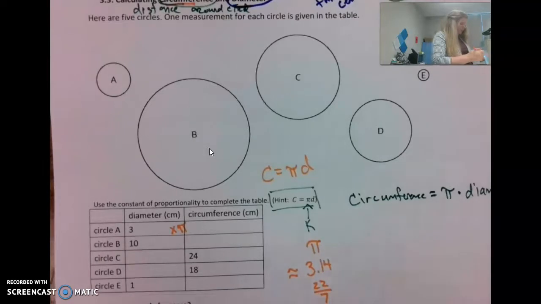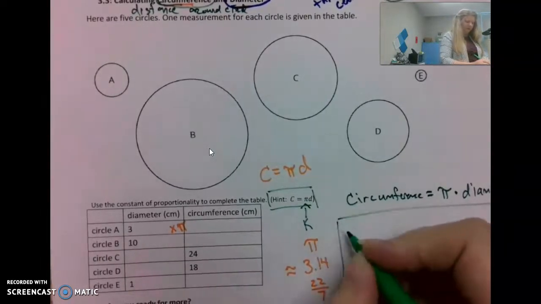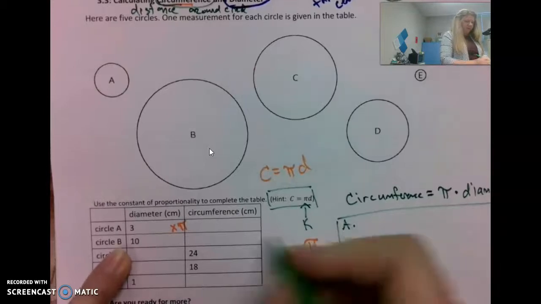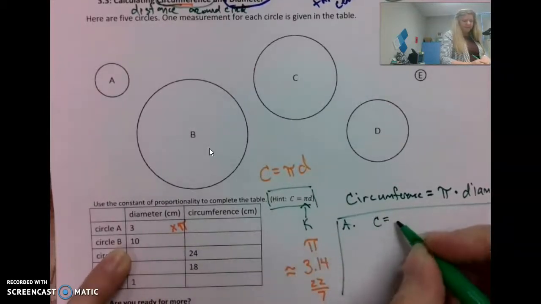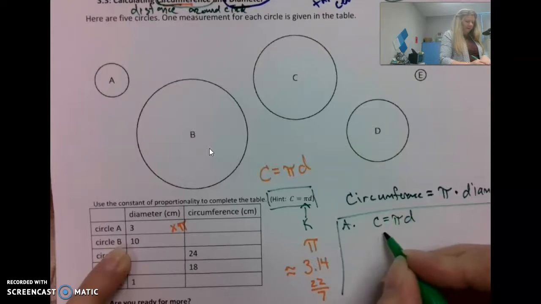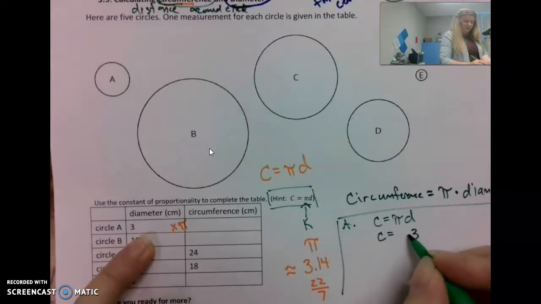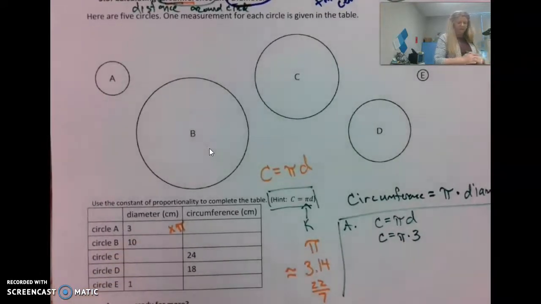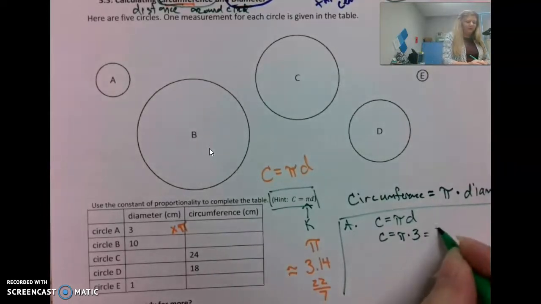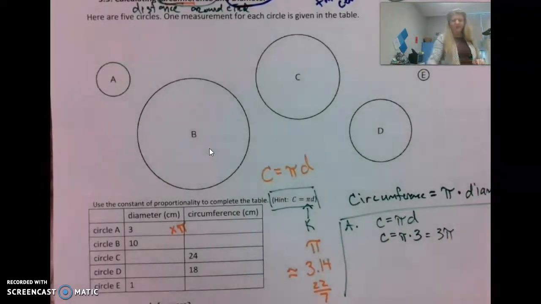So our first one here, I guess I'll try to show my work. Over here I'll do circle A. So circumference equals pi times diameter. And I'm going to find the circumference by doing my diameter times pi. And that just looks weird. It should probably look like this, 3 pi instead.